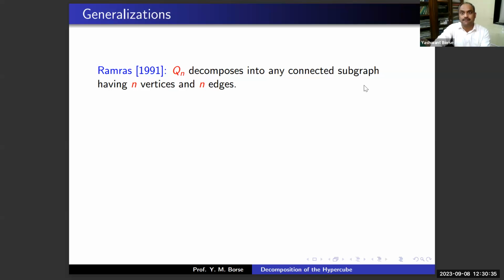It should be a subgraph of Qn, otherwise you can't decompose it. For a tree there was no problem, because they proved that a tree with n edges can be embedded into Qn. But for a general graph, you need it to be a subgraph first. Otherwise, you can't decompose it.